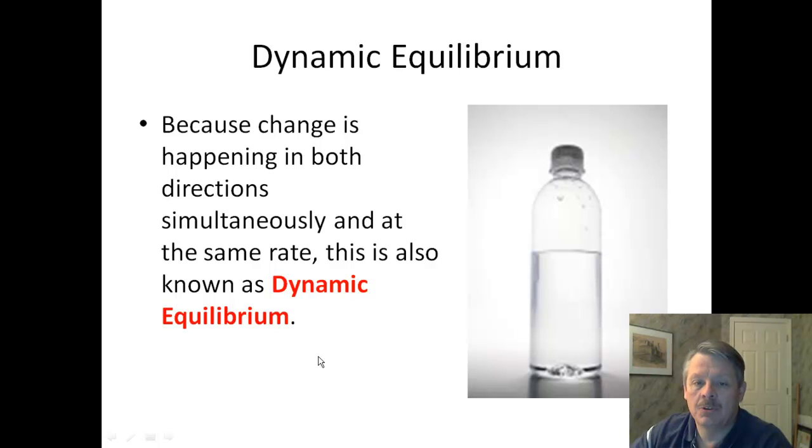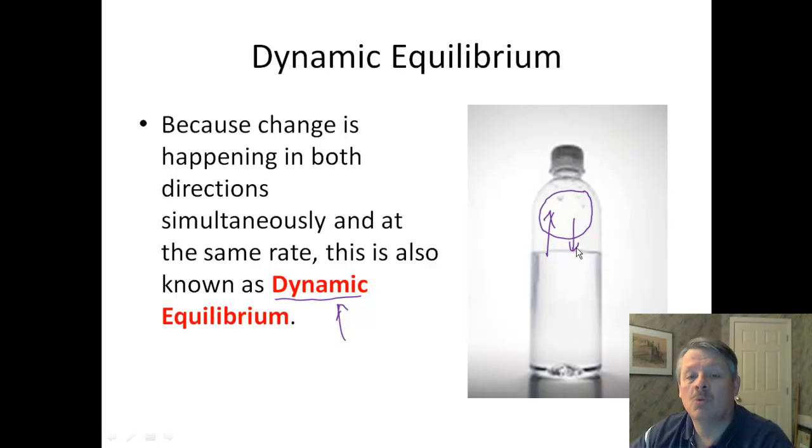Now, we use the word dynamic because there is something going on, which is dynamic. The change is happening in both directions simultaneously. Stuff is evaporating, stuff is condensing. So, since it is the same rate, we call this dynamic equilibrium.